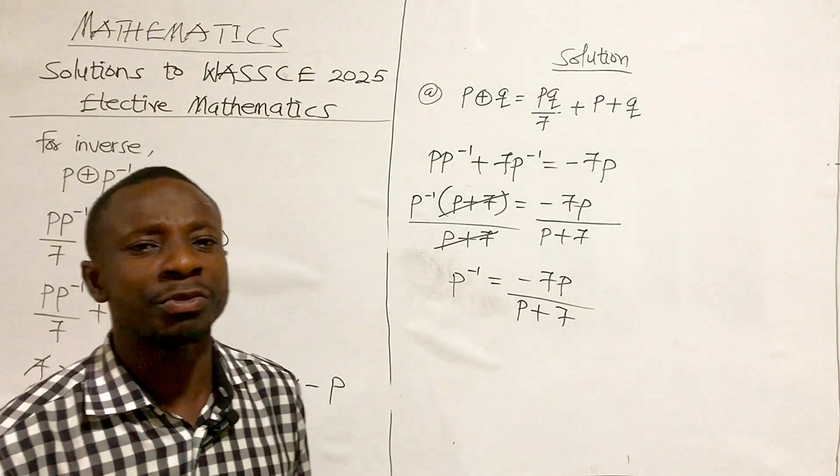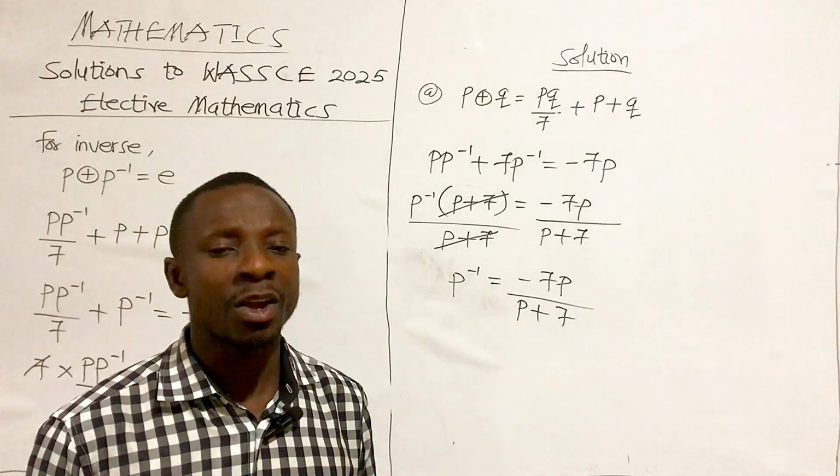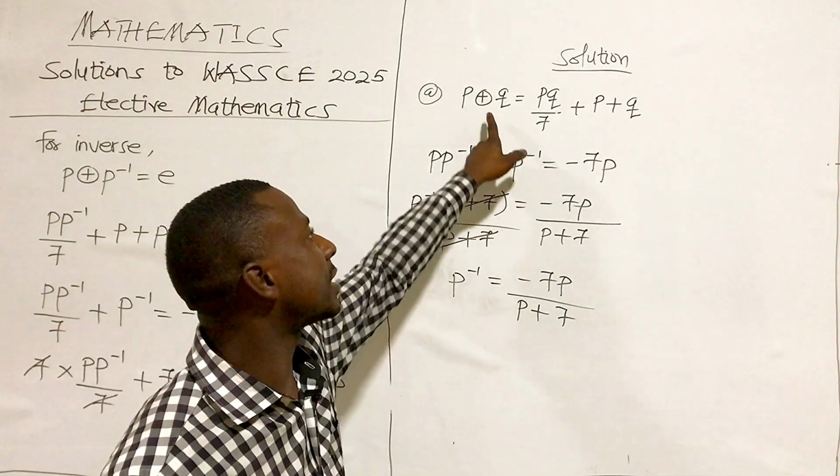But the main question was to find the inverse of negative 2 under circle plus.